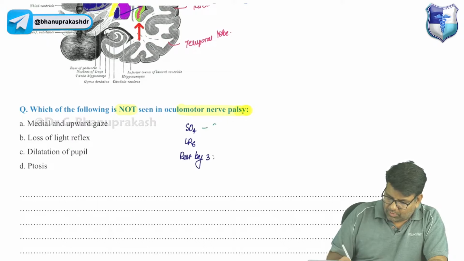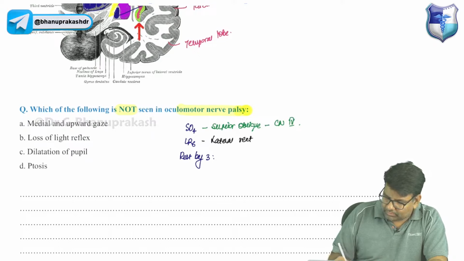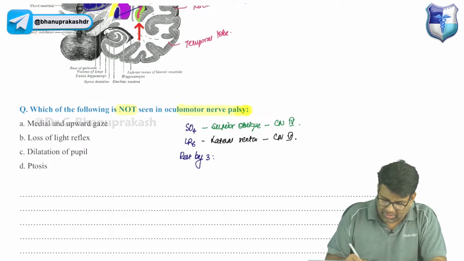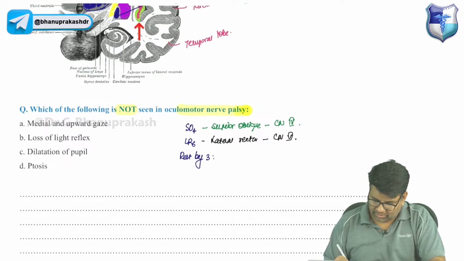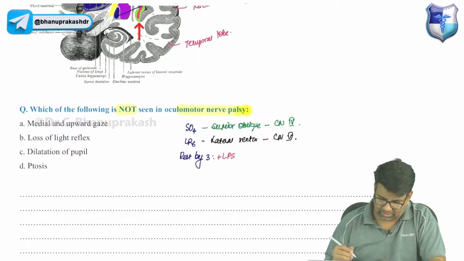It means the superior oblique is supplied by cranial nerve fourth, and lateral rectus by cranial nerve sixth. Yes, everyone is correct. And all the remaining muscles are supplied by the third, including levator palpebrae superioris.